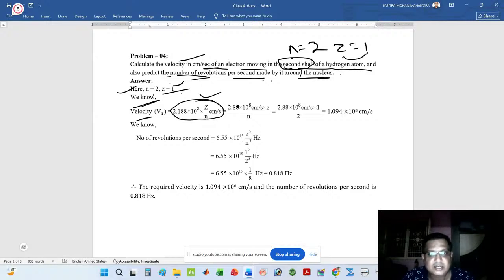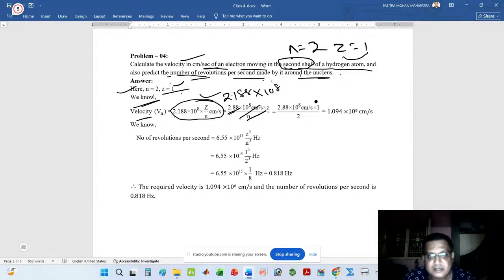Here I have written it in the wrong way. That is 2.188 into 10 to the power 8 cm per second into Z. Actually, this is wrong. I have written in the wrong manner.